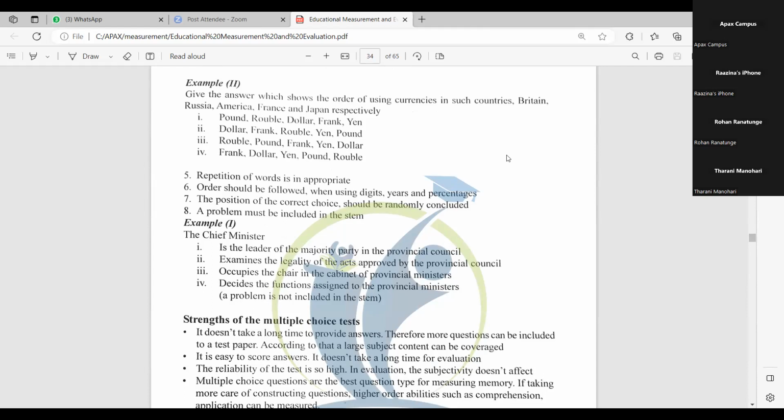Right. Order should be followed when using digits, years, and percentages. It's usually the ascending order. If you give a calculation and ask at the end how old this man is, and you say 45 years, 35 years, 50 years, 48 years, it doesn't follow any order.